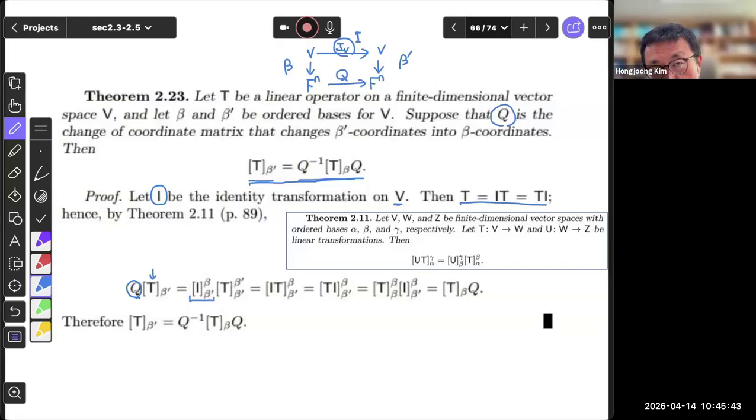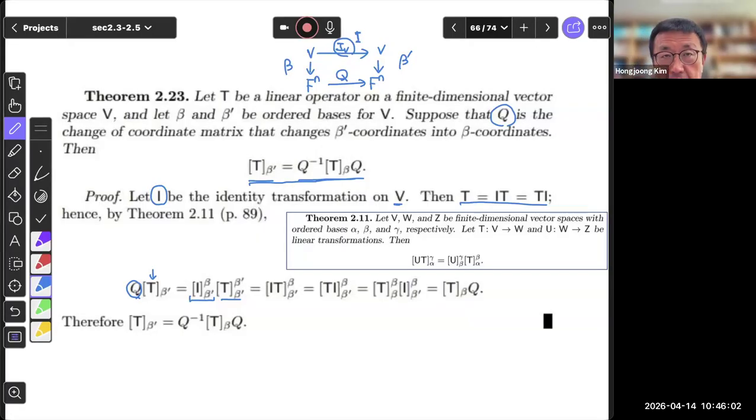And the matrix of T is with respect to beta prime, which is the basis for both the domain and codomain. So it is the matrix representing this linear transformation with beta prime as the basis.